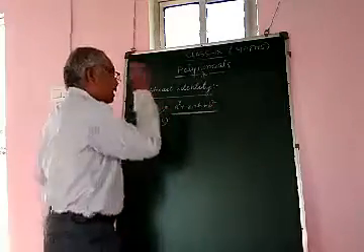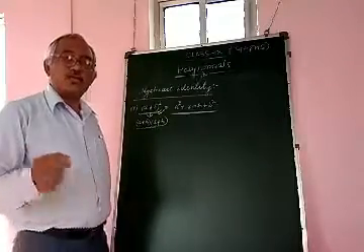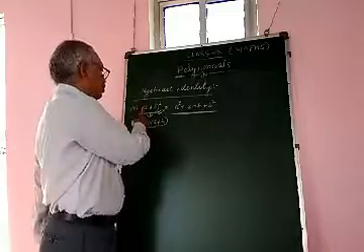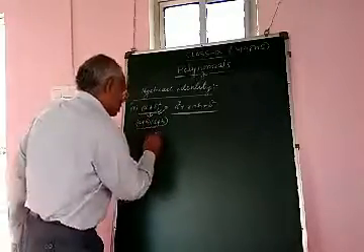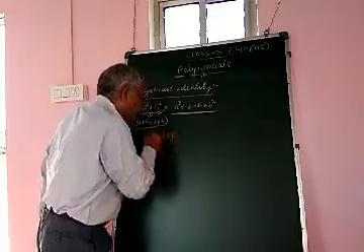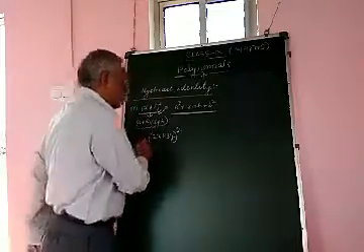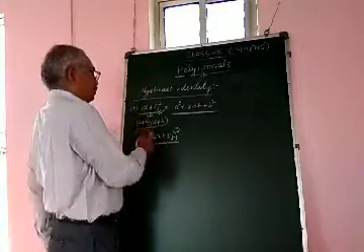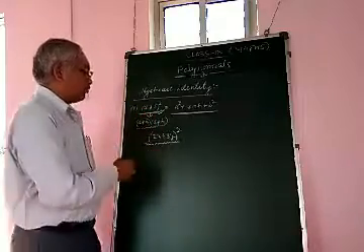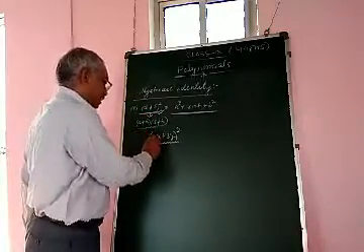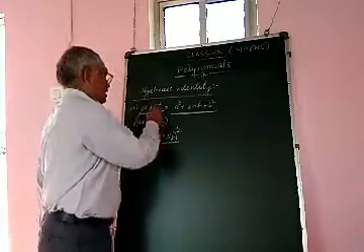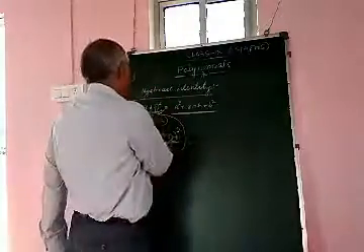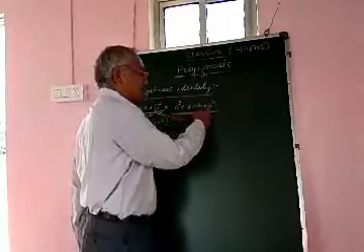Now first we see expansion, how we can expand in the form of a plus b whole square. Suppose 2x plus 3y whole square, we have to expand. So first we compare, and you find that in place of a is 2x and in place of b is 3y. Now a plus b whole square is equal to a square plus 2ab plus b square.